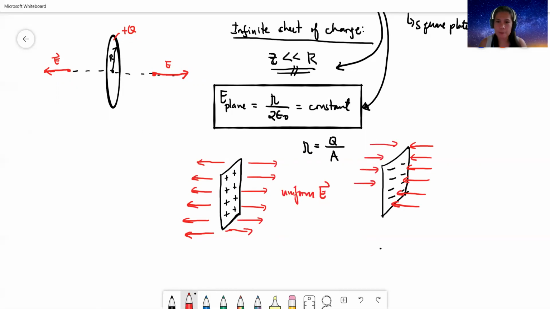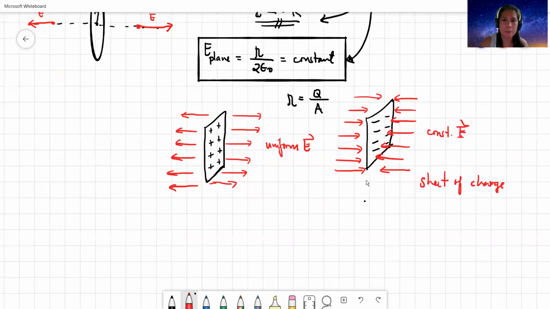So, in other words, if you see a picture of field lines that are equidistant from each other, then that is an example of a constant electric field. And that is only true for sheets or plane of charge, a sheet of charge. So finally, I'm ending my input here by introducing the parallel plate capacitor.